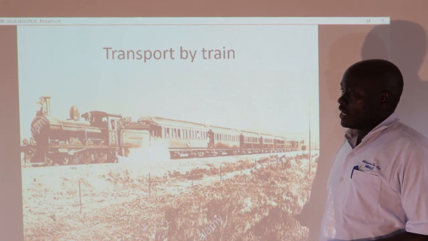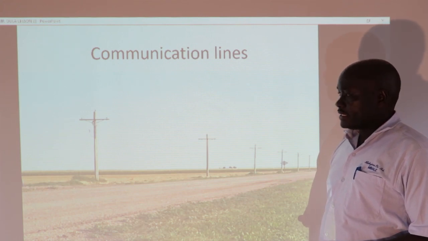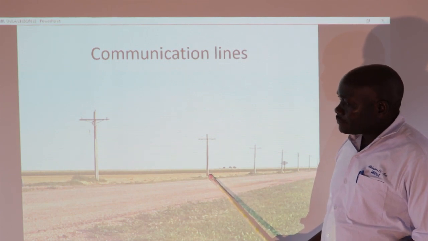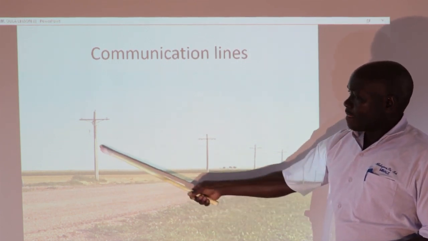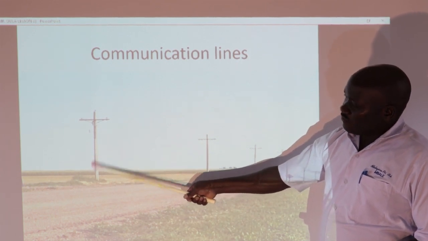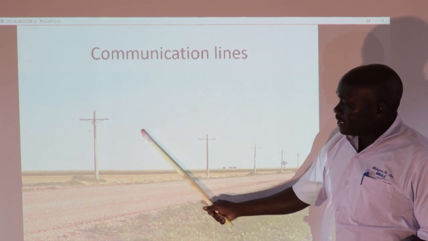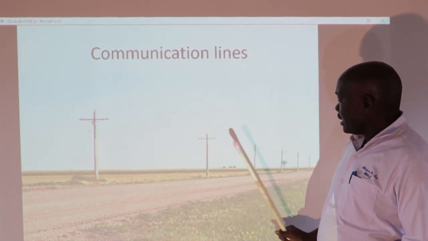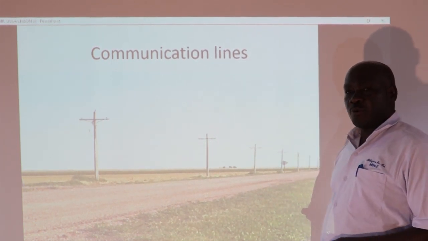Then, we also have communication lines, meaning that these are poles. Don't look at these ones as if they are a cross where Jesus was crucified. These are telephone poles. It's only that it is not so clear, but the wires were connecting from this pole to this pole to this one up to the last pole.